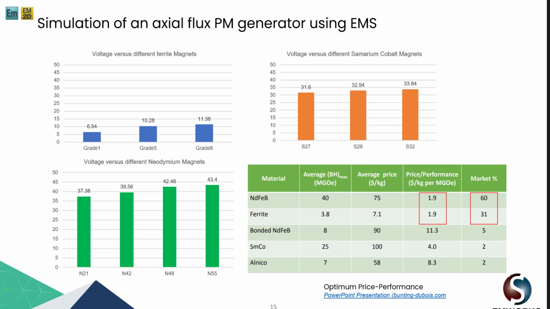So choosing the appropriate magnet should also depend on other criteria like operating temperature and corrosion resistance. So it's not always given that the neodymium magnets are the best, not necessarily. This is an important conclusion we reached using the EMS software.